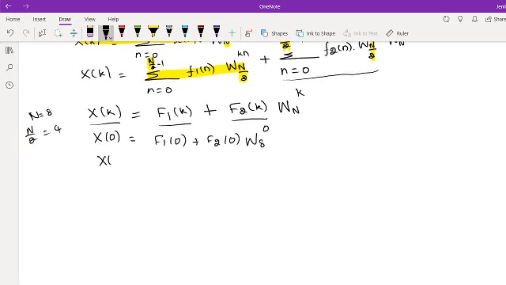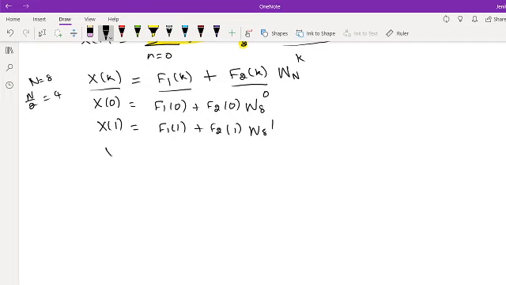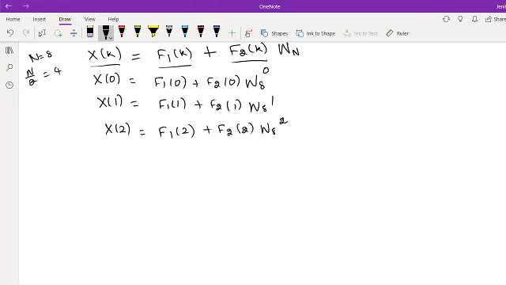Now x of 1 is equal to f1 of 1 plus f2 of 1 into W 8 power 1. Now x of 2 is equal to f1 of 2 plus f2 of 2 into W 8 power 2. And now in the k, we are going to substitute the value 3. So f1 of 3 plus f2 of 3 into W 8 power 3.